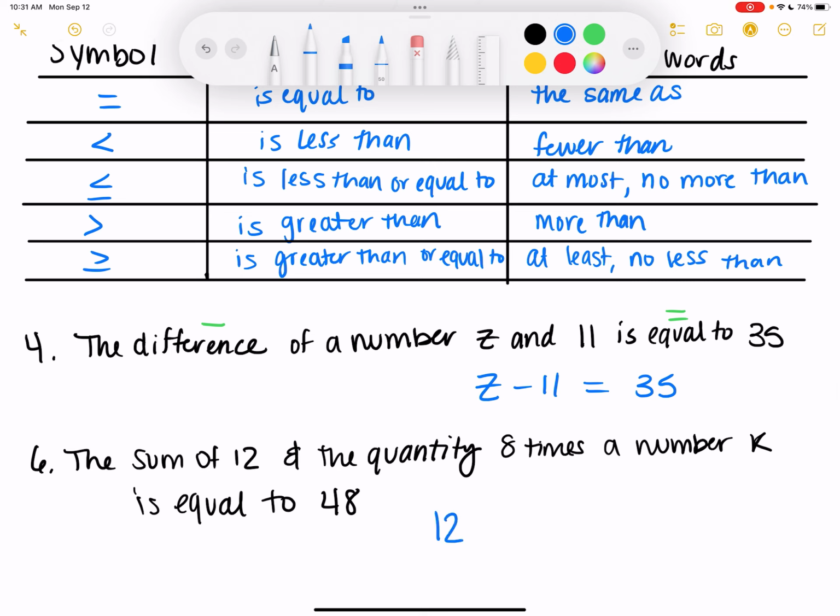So 12 plus, we get that from the sum. And then the quantity 8 times the number k, so that's going to be plus 8 times k is equal to 48. So sum told us that we were adding, times, so we're multiplying, and then equal to is giving us our equal sign.